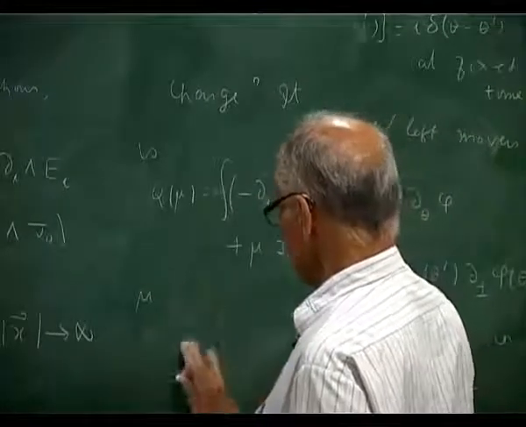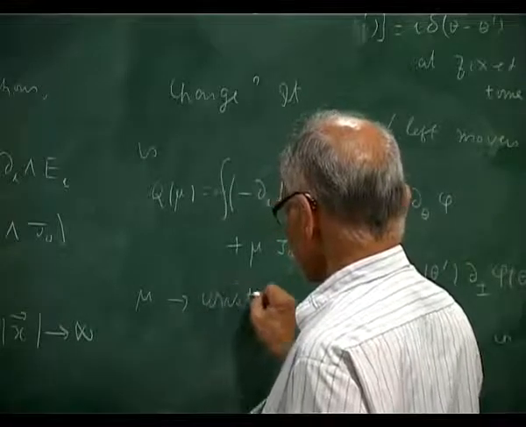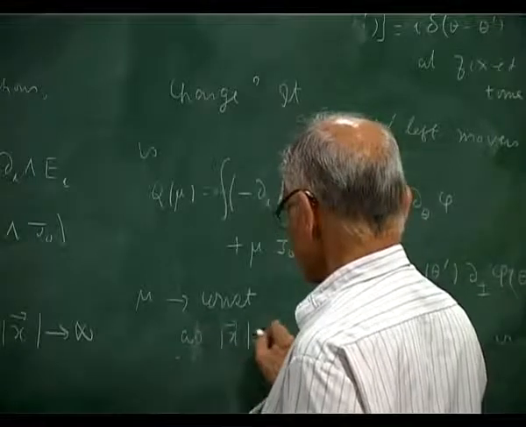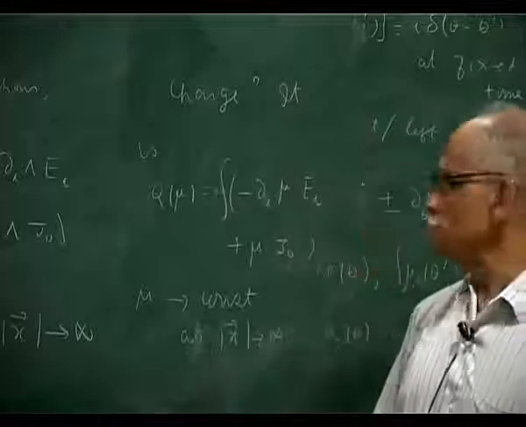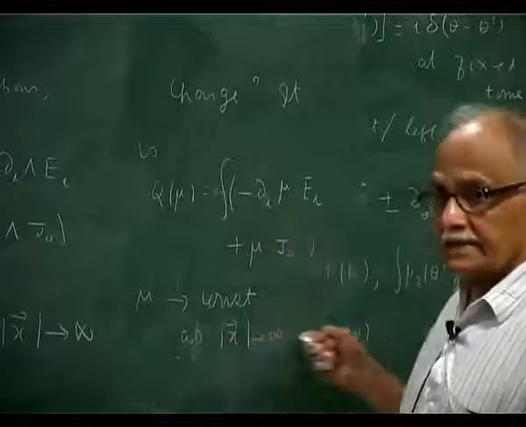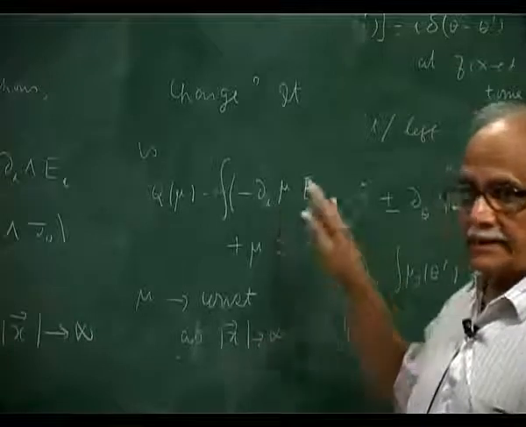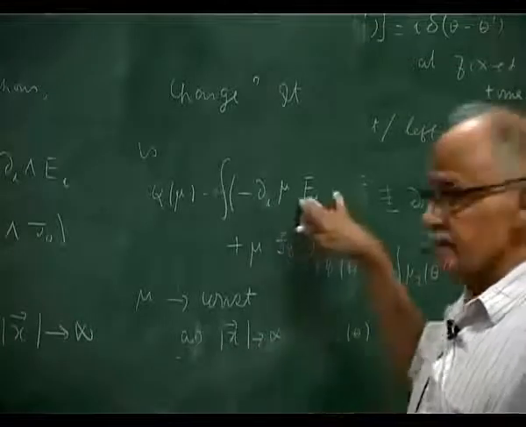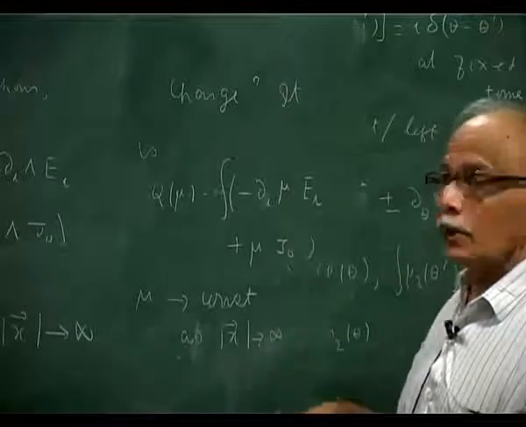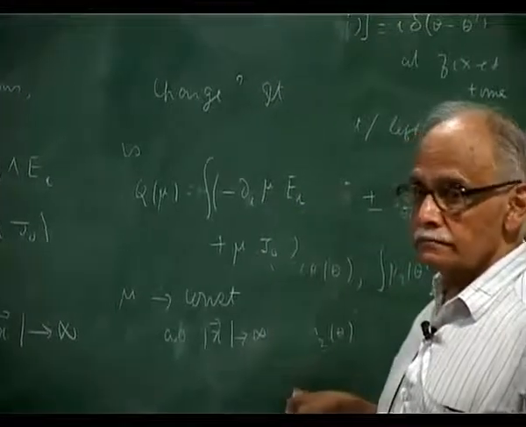Mu at infinity, say normally we take mu goes to constant at infinity. So again you can take any constant value. I'll tell you why I am taking constant, why don't I make it angle dependent, I'll come to that. But this is what we normally do, and acting on fields, all that matters is the asymptotic value because of that condition. So this is a charge operator.